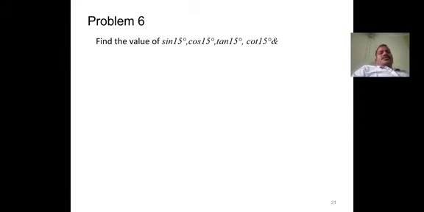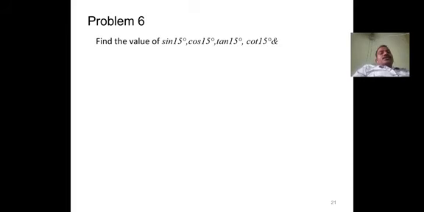Now this is also for getting the special values: sin 15, cos 15, tan 15, cot 15. Here all are same. 15 is the difference of 45 and 30 or 60 and 45.